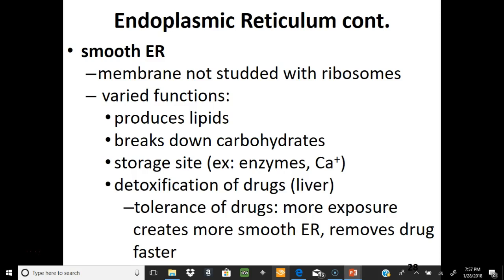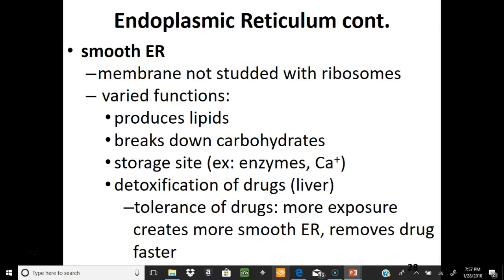The smooth ER produces lipids. So its function is to make up steroid molecules like cholesterol. It breaks down carbs. It can store certain molecules like calcium ions.